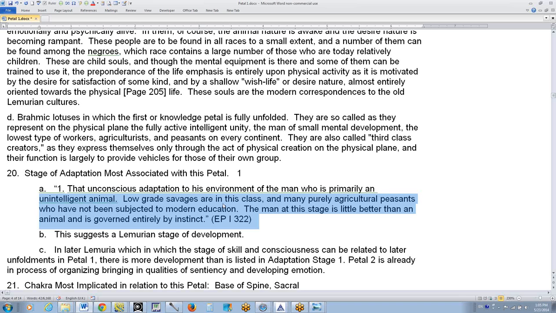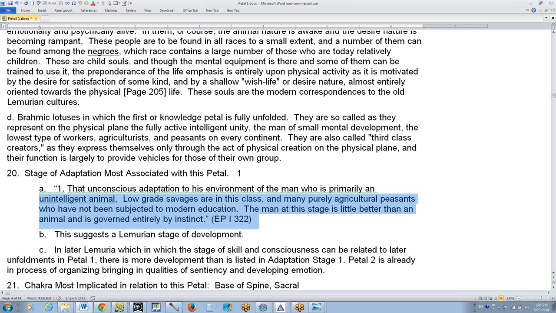Low-grade savages are in this case, and many purely agricultural peasants who have not been subjected to modern education. The man at this stage is little better than an animal and is governed entirely by instinct. So that fits the first petal process, and this certainly suggests a Lemurian stage of development.